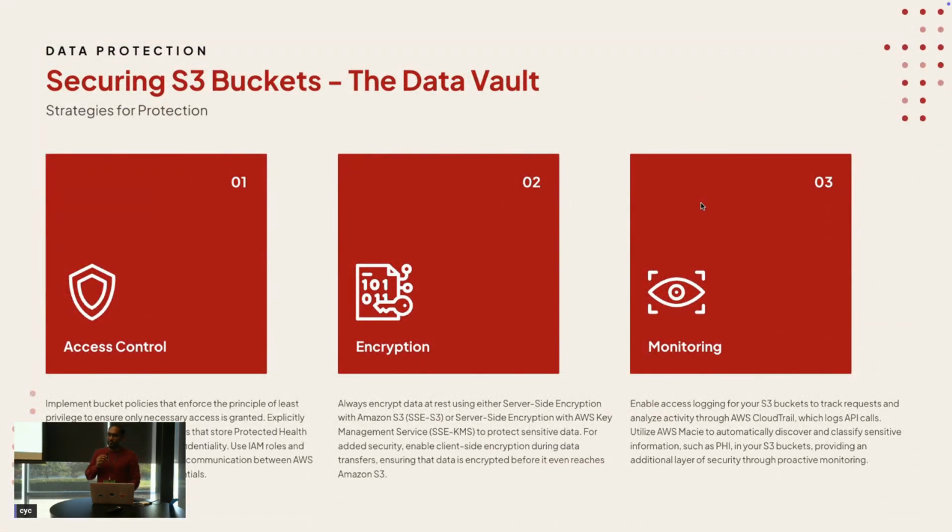So we'll start going into major services that people typically use when storing the data. One of the things that first comes to mind when we talk about AWS is S3, which is object storage. What are the different things that you can do when you are setting up S3 buckets for storing PHI data? Make sure your bucket is not publicly accessible.